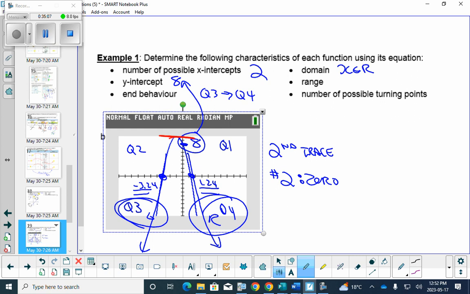So the range. This is the top. The top is not at 8. The top and the y-intercept are different. So I need to find the top. Yesterday we learned how to do that by using number 4, because we're going to use maximum because it's at the top of my curve.